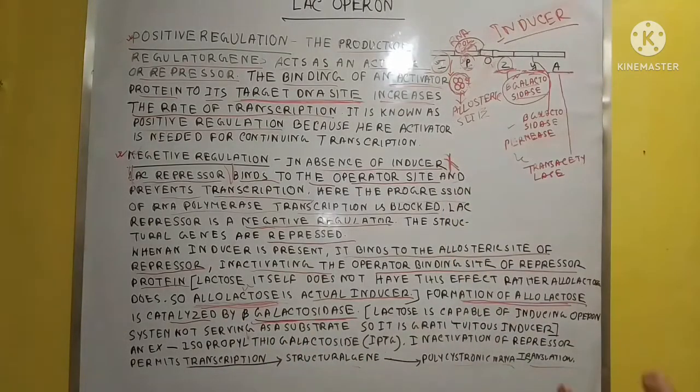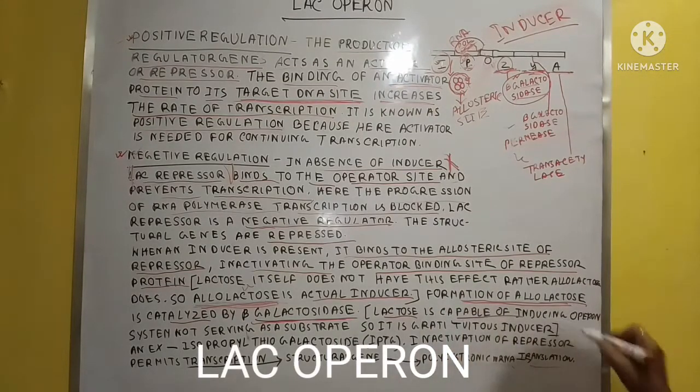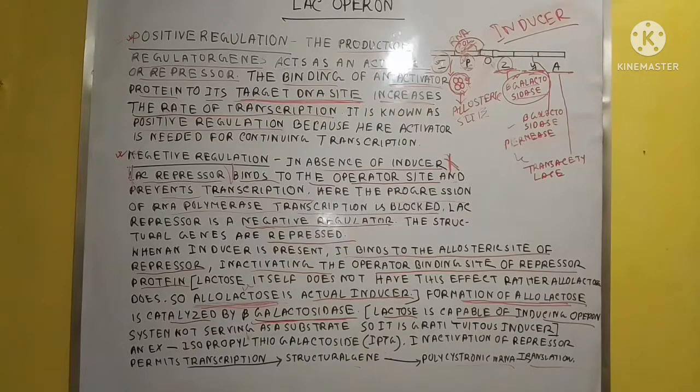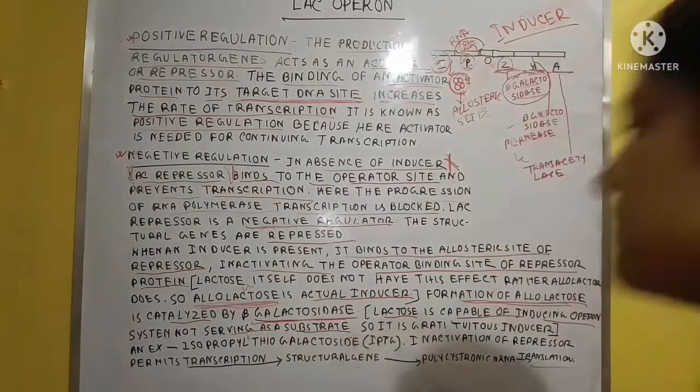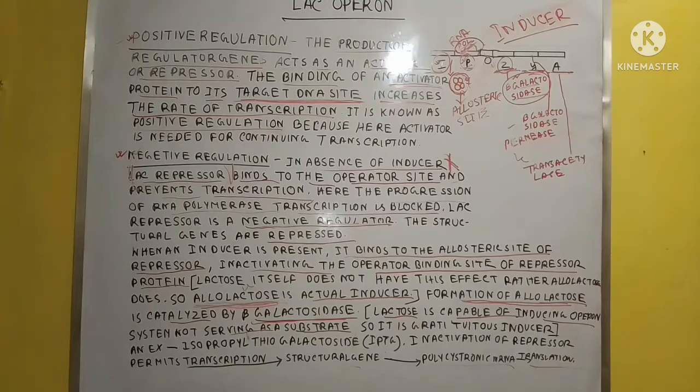Okay. So what is the function of lactose here? Lactose is capable of inducing the operon system. It only helps to induce the operon system, not serving as a substrate. So what is the substrate? The substrate is the allolactose. Clear?